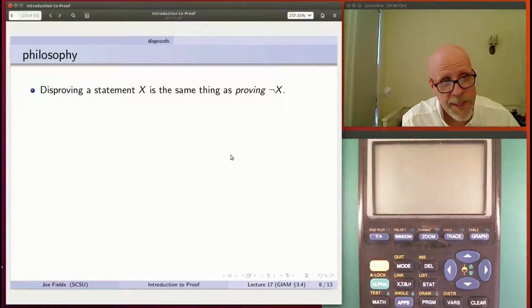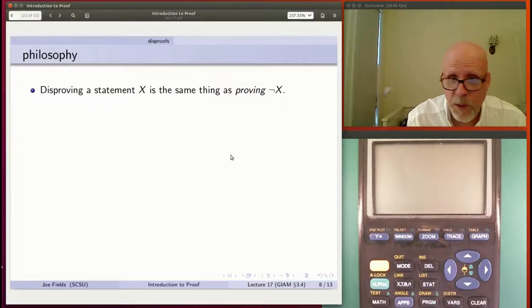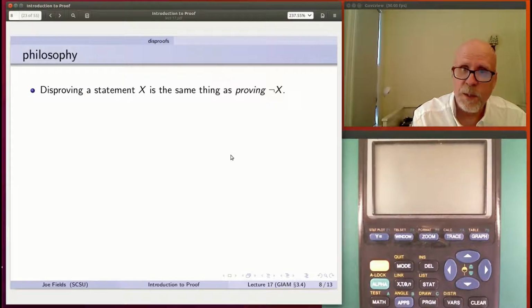The big point is that disproving one statement is also proving something else, right? If you're disproving X, then that's the same thing as proving the negation of X. If you expect to show to me that X is not a true sentence, then I can say, well, very well, then the negation of that is a true sentence.